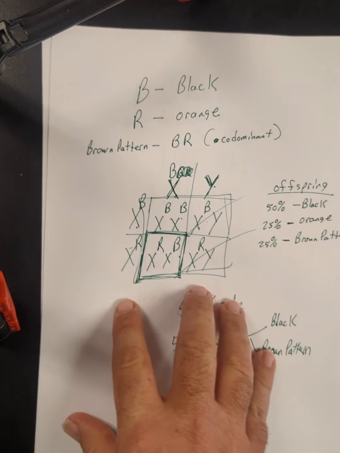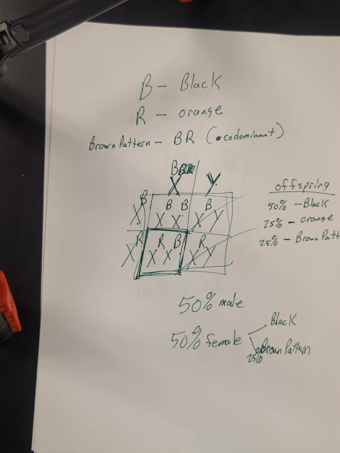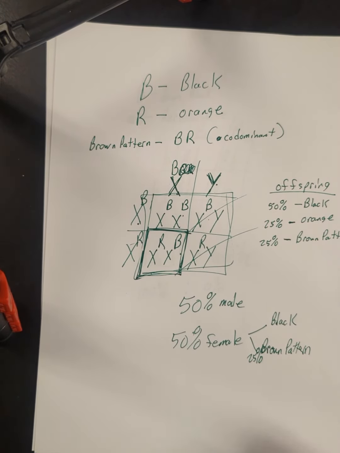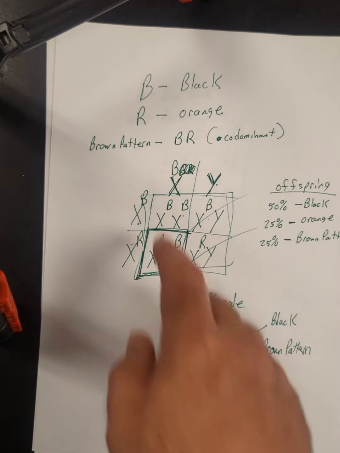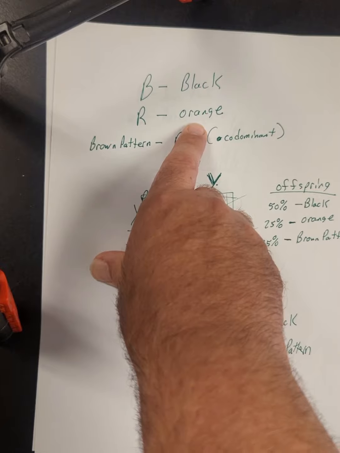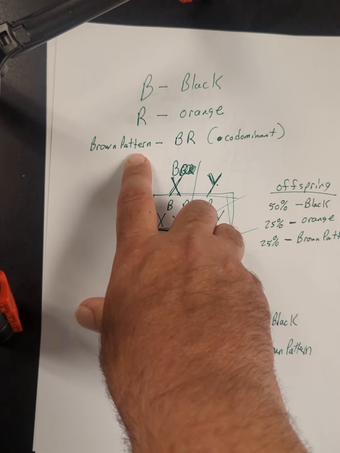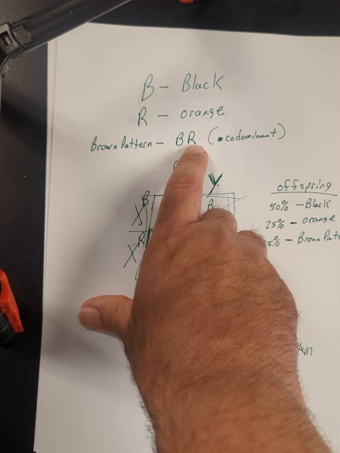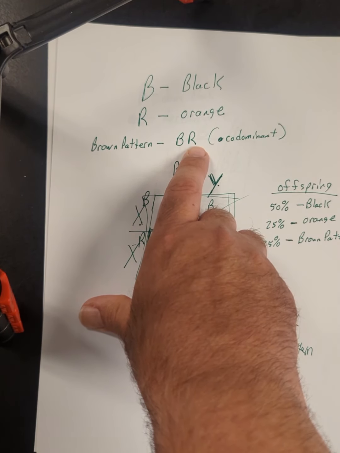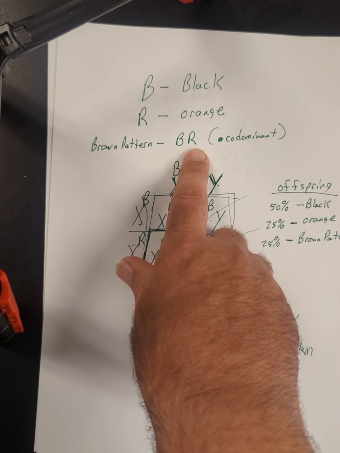This one was talking about cats, and so coat color in some animals is codominant. Codominant means that the traits show up together. So for example, a cat could just have black fur, or a cat could just have orange fur. Or a cat might have a brown coat color because the black and red are showing up together. Like some hairs are black and some hairs are orange, and that makes the cat look brown.